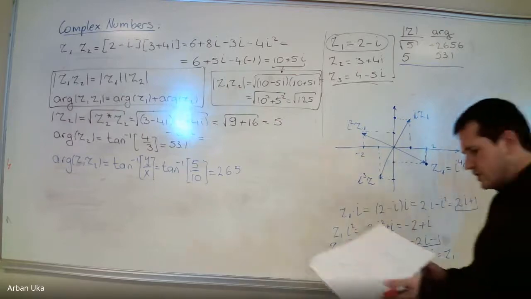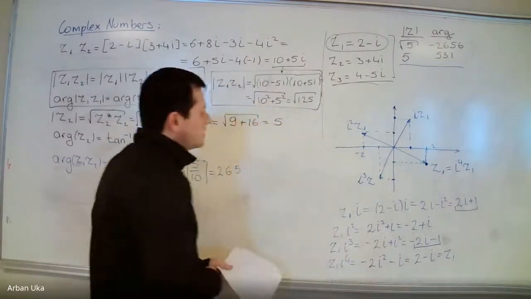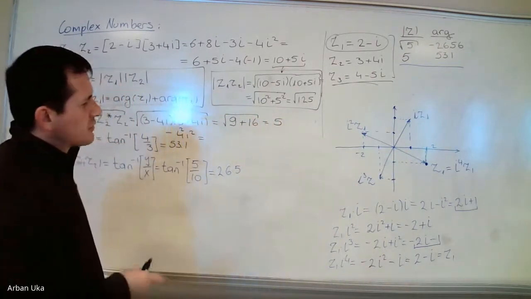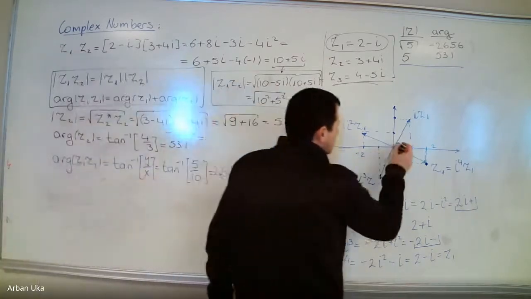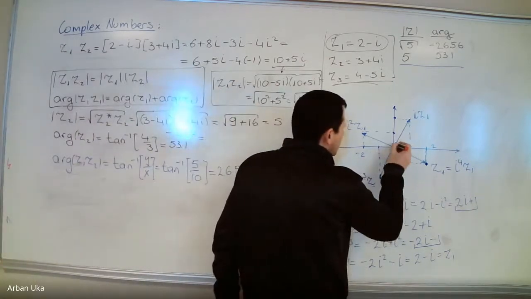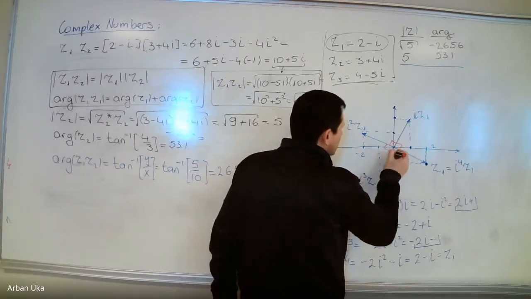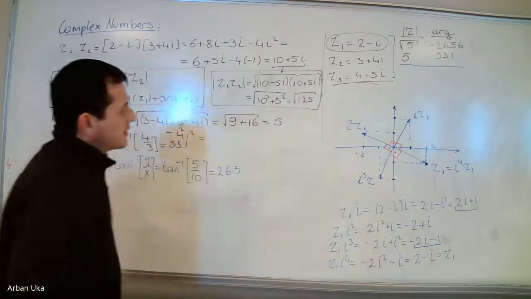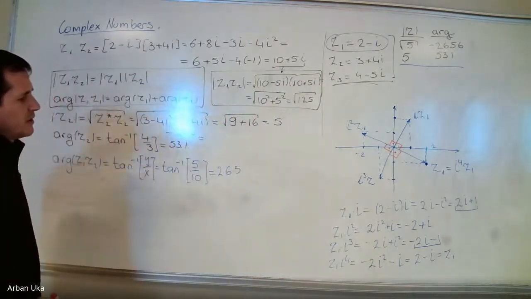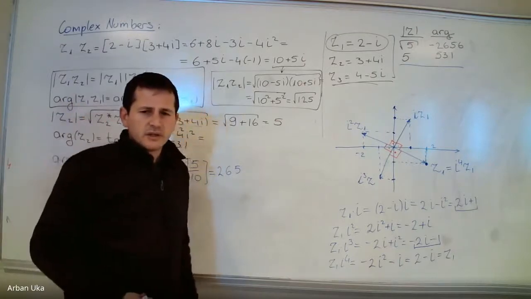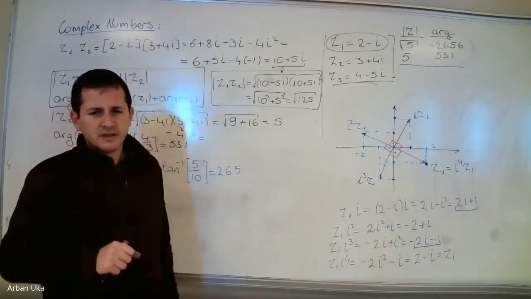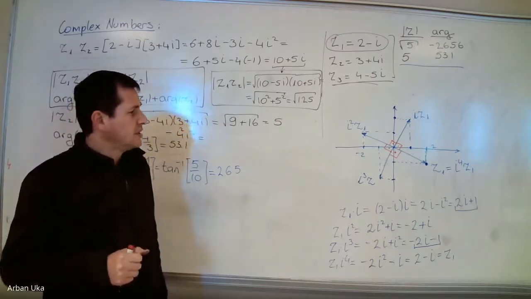And now, what we can notice here is that because of the symmetry, and we can also calculate the angles, the angles between these are all 90 degrees. So it looks like if we multiply a complex number by I, what we are really doing is rotating it by 90 degrees. Is it clear?